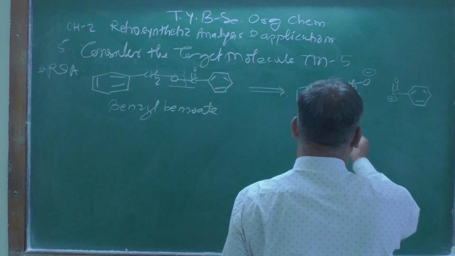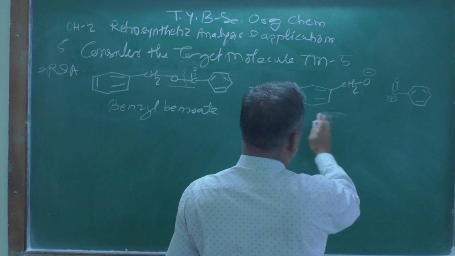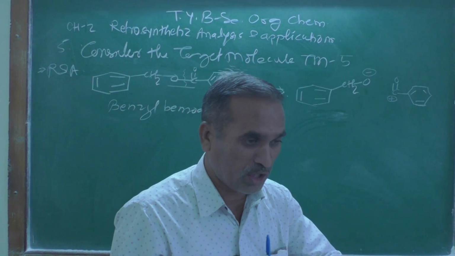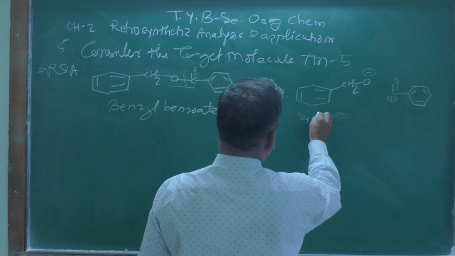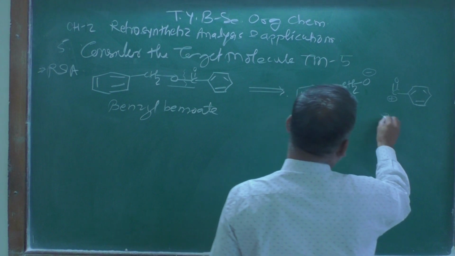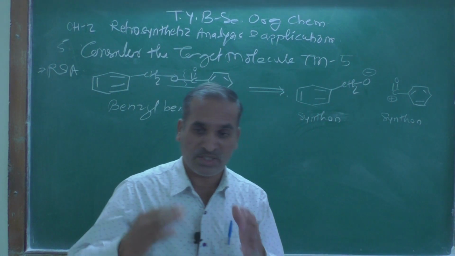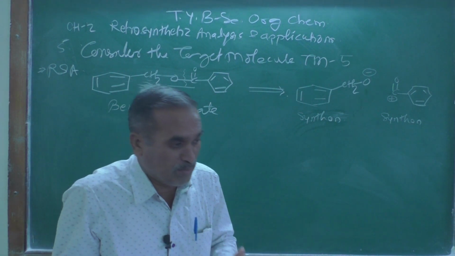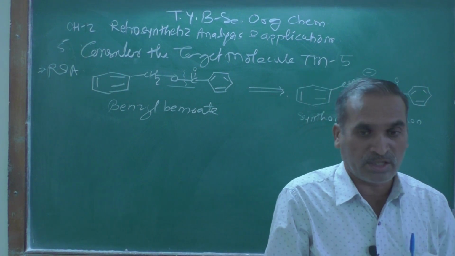Now what is the next point to do? After the disconnection, whatever fragments we got are the synthons. These are called synthons, right? As we know, synthons are highly unstable, and now they must be associated with a synthetic equivalent.